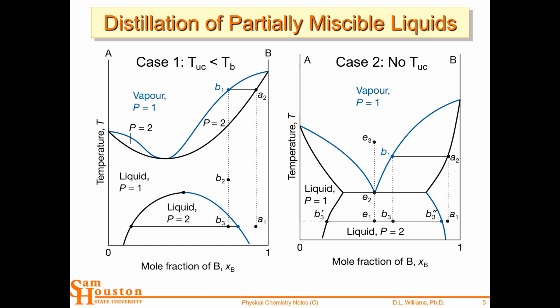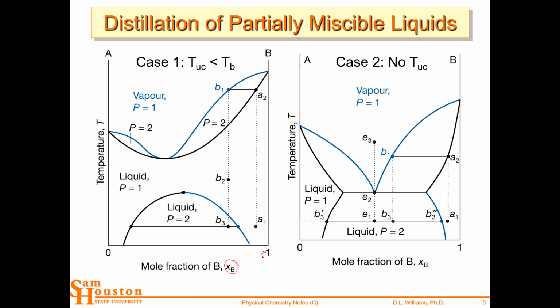Is it a high or low boiler? It's a low boiling azeotrope, because you see the boiling point of the azeotrope is below the boiling point of A and B. Where's the boiling point of B? So you look at the x-axis, mole fraction of B, xB.